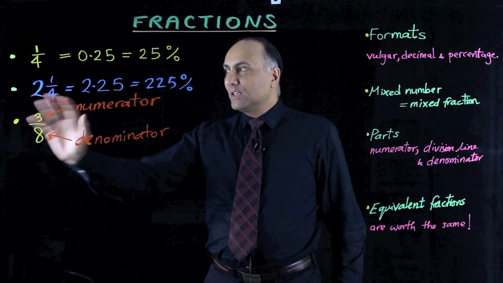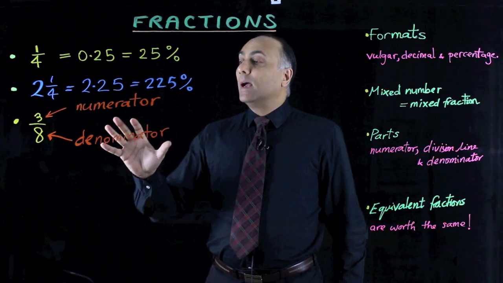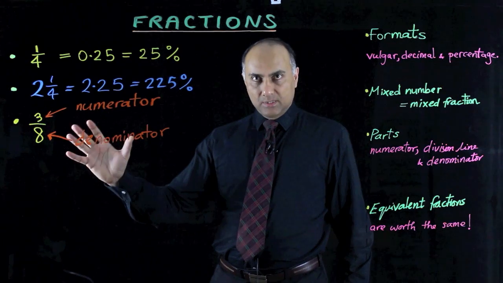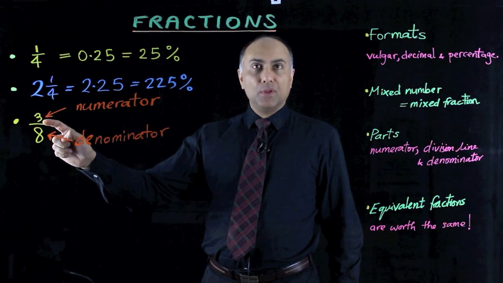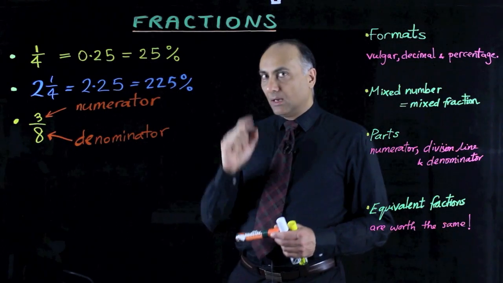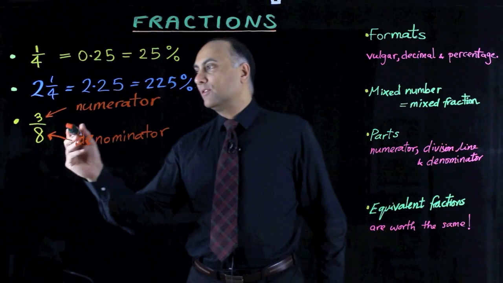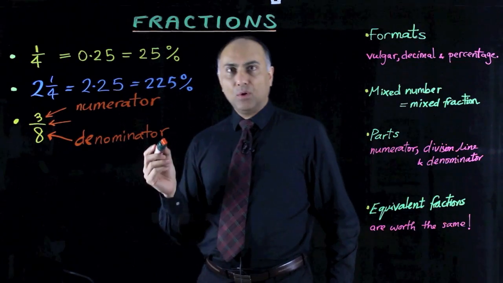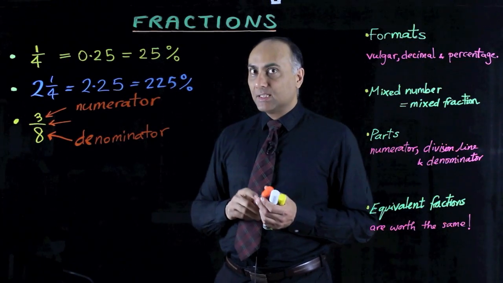So the fraction is telling us how many equal pieces the whole was split into, and out of those, how many we have. There's one more part to a vulgar fraction, and that is the line. Now the line is often horizontal, but sometimes it's slanted.